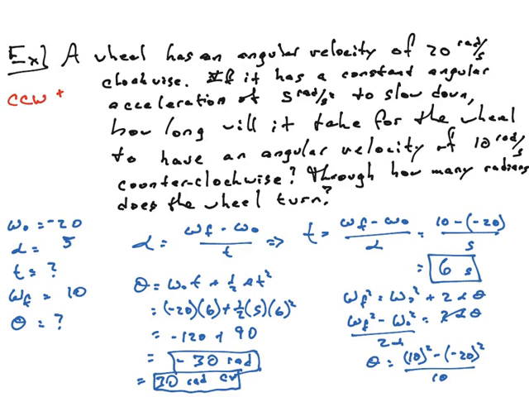I plug this into my calculator, so I get 100 minus 400 over 10, and I get negative 30. So, of course, I get the same answer. And that's because my time, I solved correctly. But you can see either of the equations would have given me theta. It just depends on which one I wanted to use.